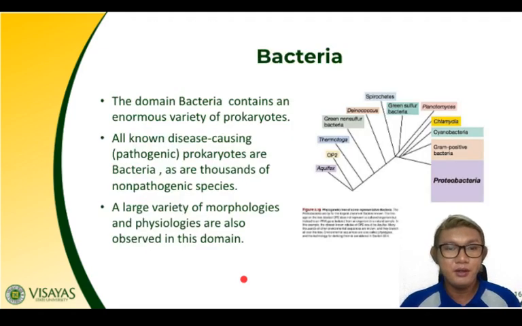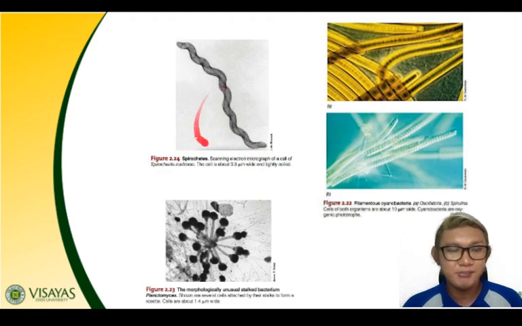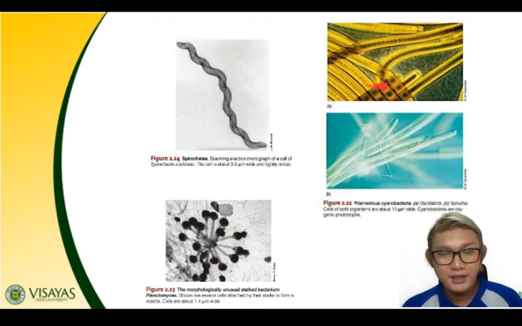So, examples are the proteobacteria here, which is one of the largest groups of bacteria. You have the gram-positive bacteria and the photosynthetic bacteria. You have also a spirochete. You have here bacteria with unusual morphology. You have here filamentous bacteria.